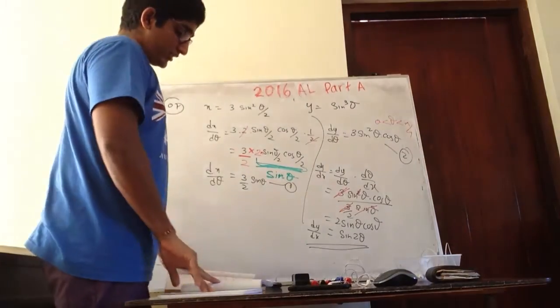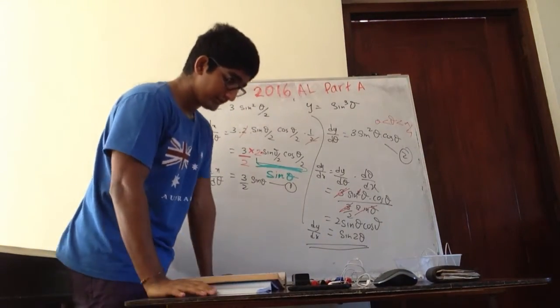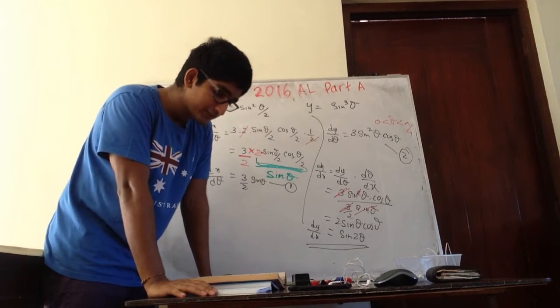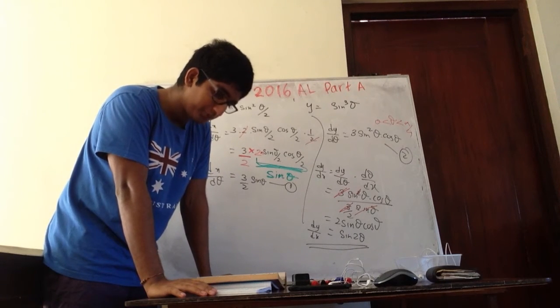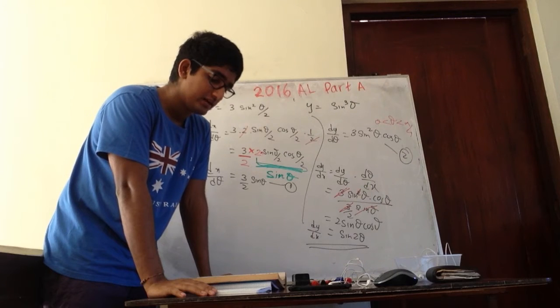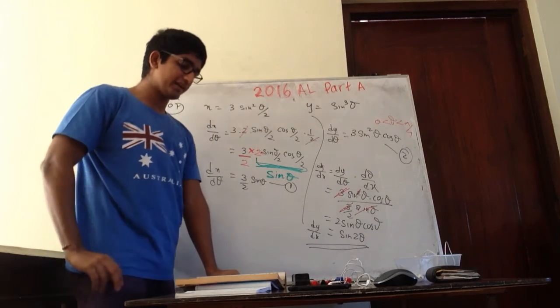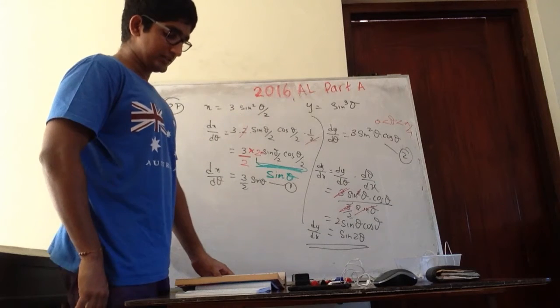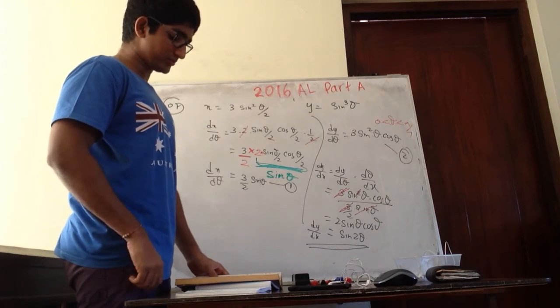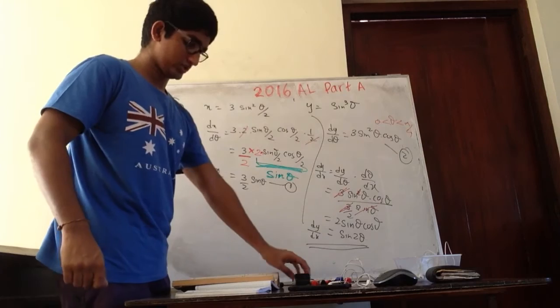Then what are they asking? They are asking if the gradient of the tangent at a point P on C is square root 3 over 2, find the value of the parameter theta corresponding to P. Okay.